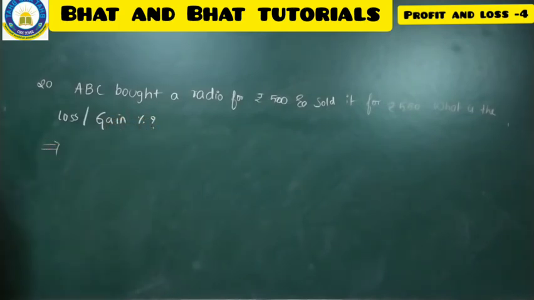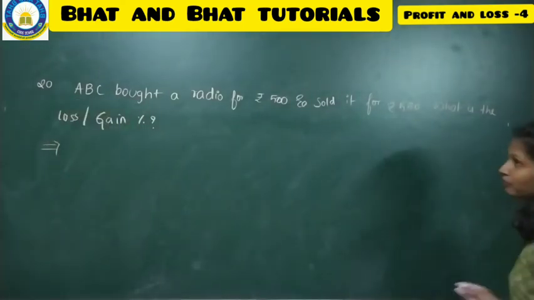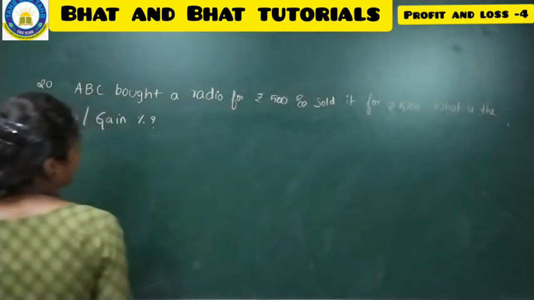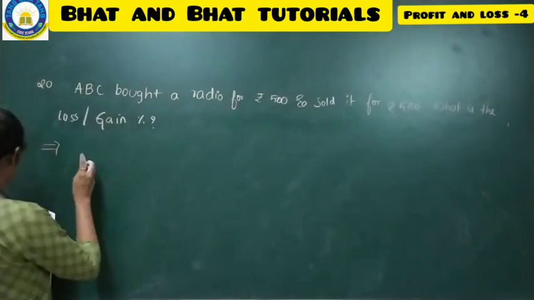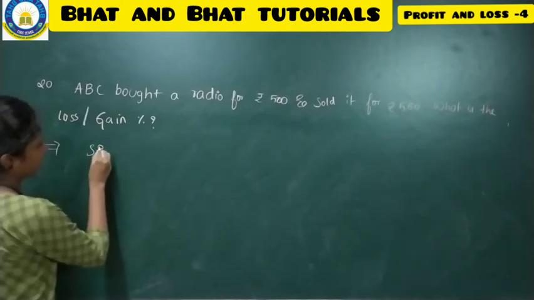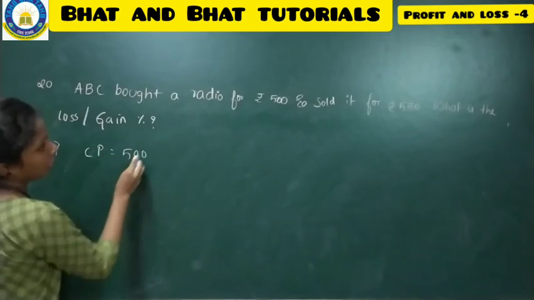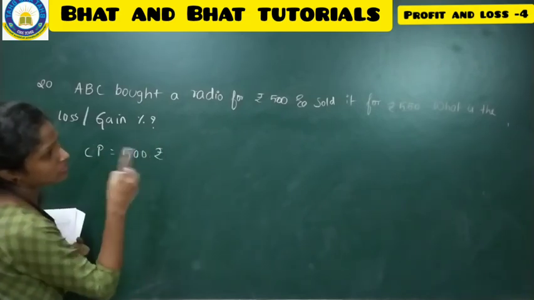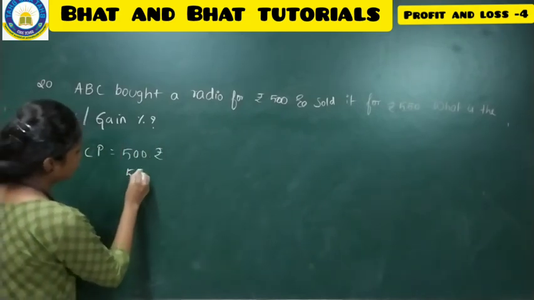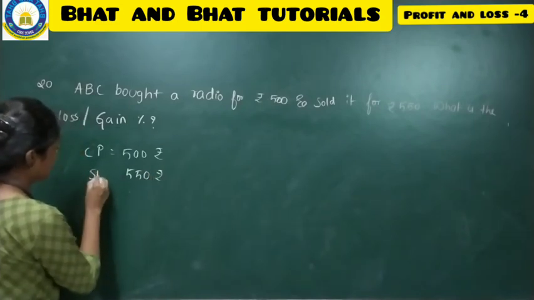What you have to find is whether it is a loss or a gain percent. To find it, you have the formula. Make use of it. First, he bought the radio for 500, so 500 will become your CP. And he sold it for 550, so 550 is your SP.